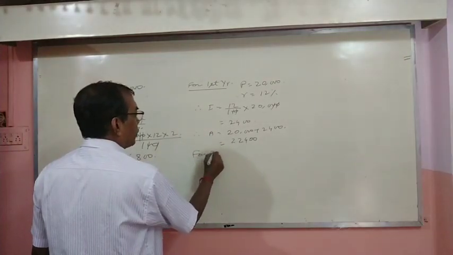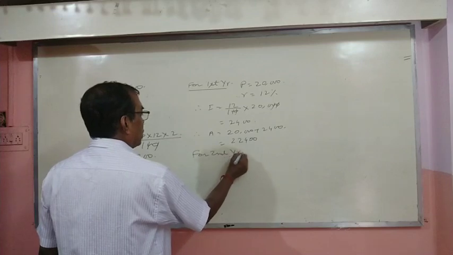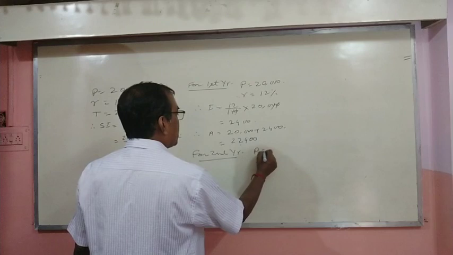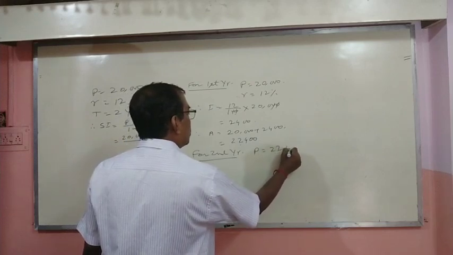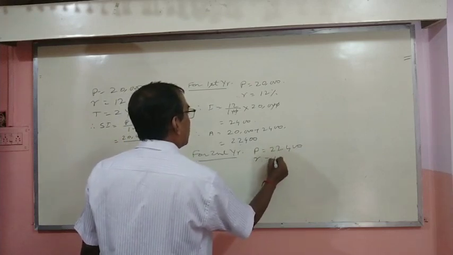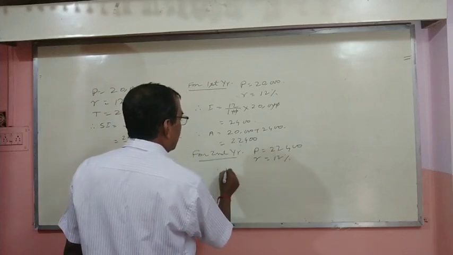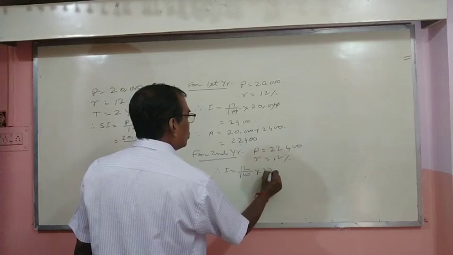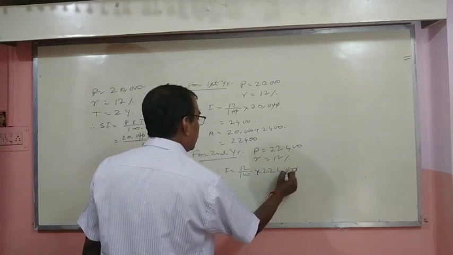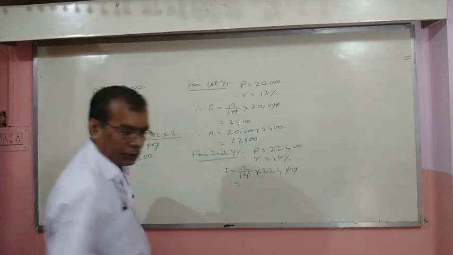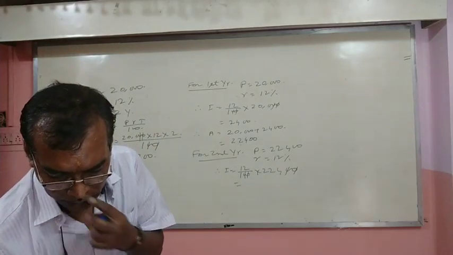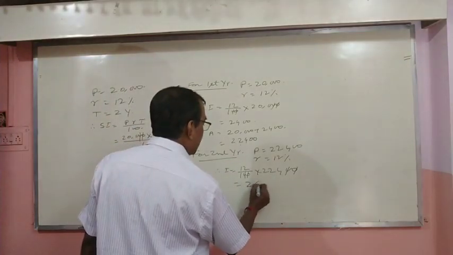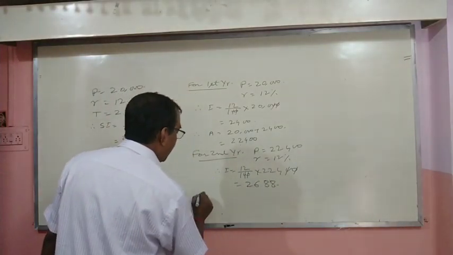So principal amount is equal to 22,400. Rate is the same, 12%. Interest will be 12 by 100 of 22,400, which is 2,688.